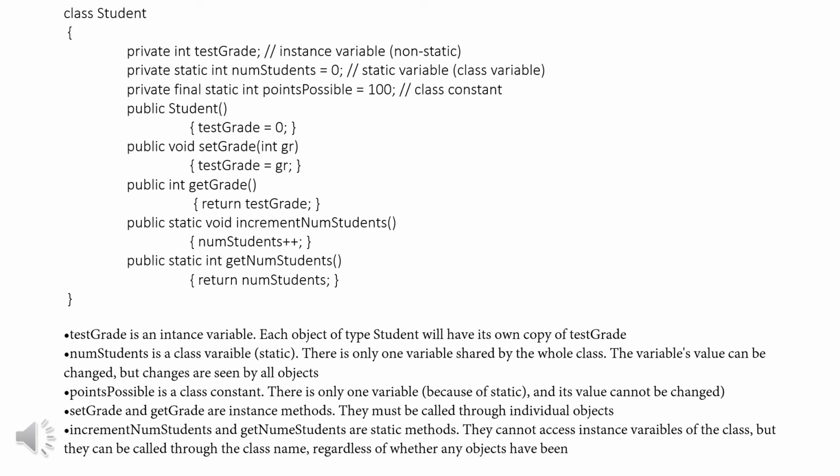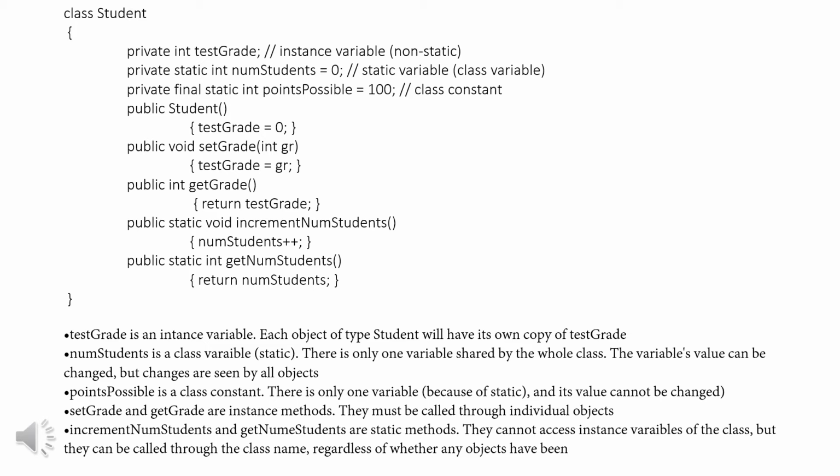It means when I create one object, when I create one sample from this class, this variable will be copied. So now each object has its separate testGrade variable, right? So this testGrade is non-static, or instance.